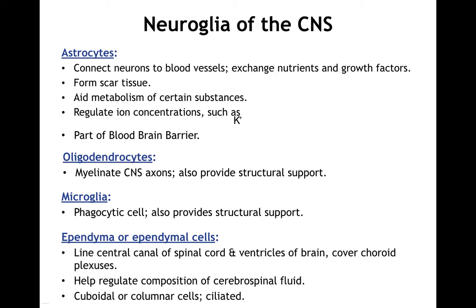And in the central nervous system, we have ependymal cells, which line the central canal of the spinal cord and the ventricles of the brain and cover our choroid plexuses. And they are very important to help regulate the composition of cerebrospinal fluid. They are cuboidal or columnar cells, and they are ciliated to help move the cerebrospinal fluid around.